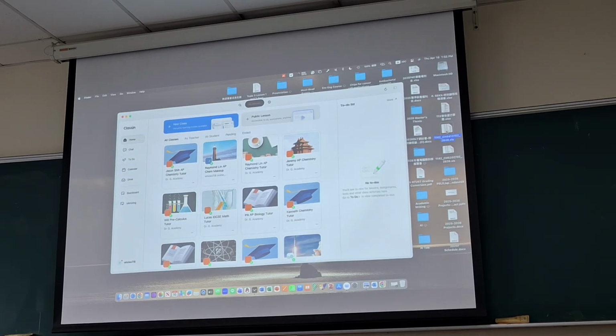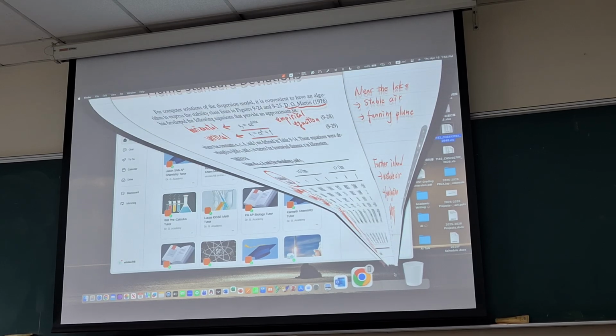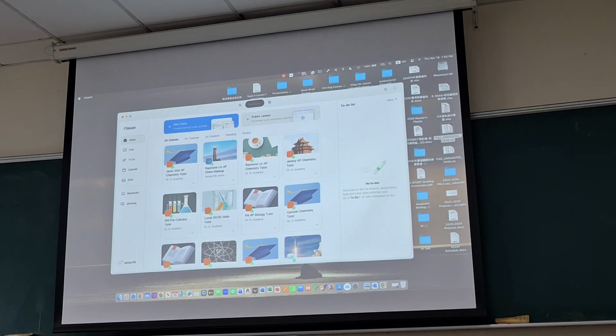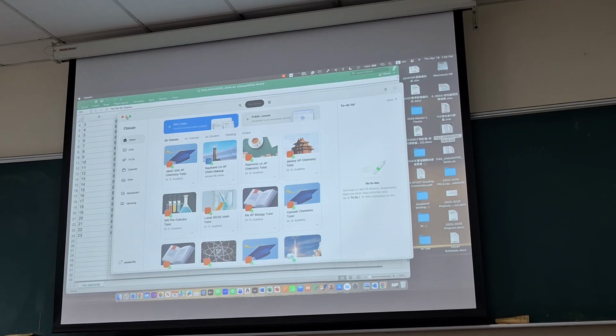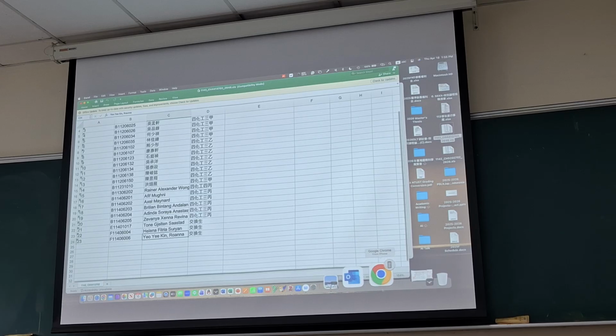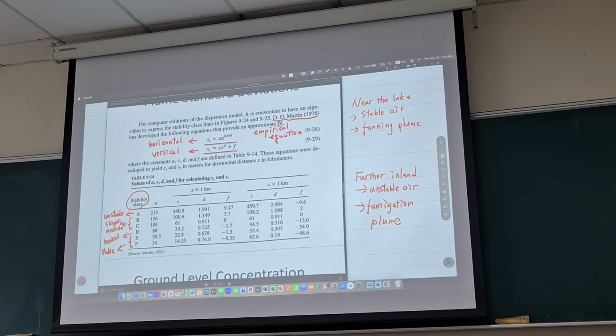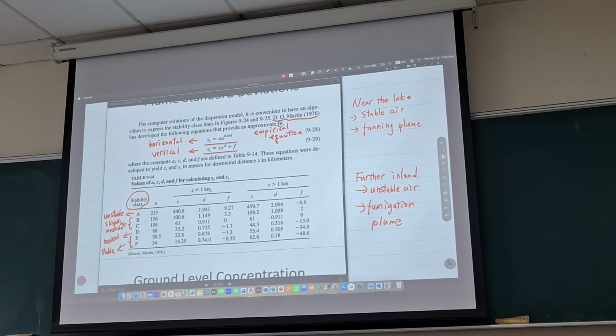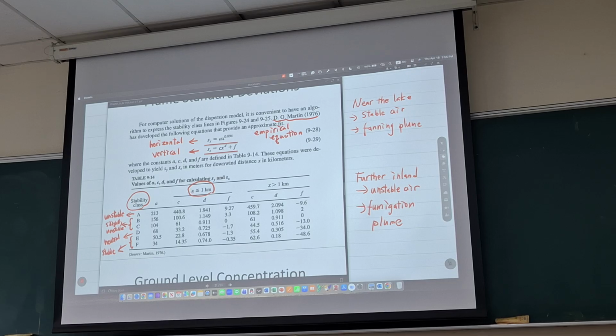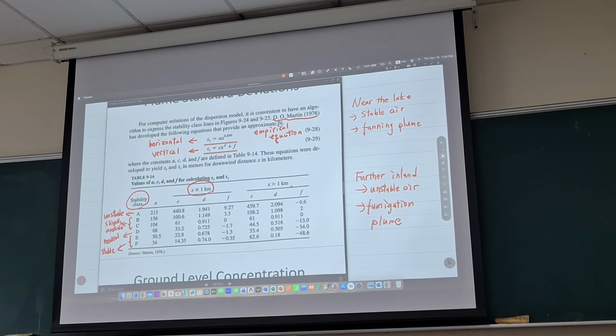So I would like to ask, Tom? Why do we, in this table, have x smaller than or equal to 1 kilometer, and another part x larger than 1 kilometer?